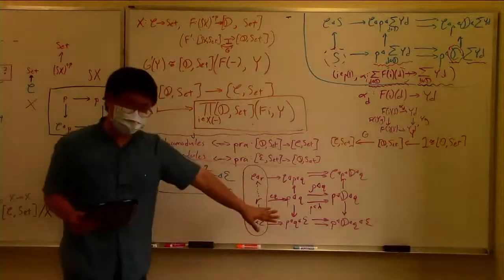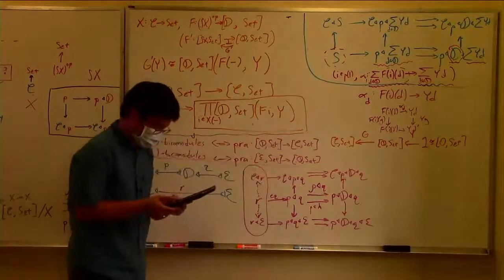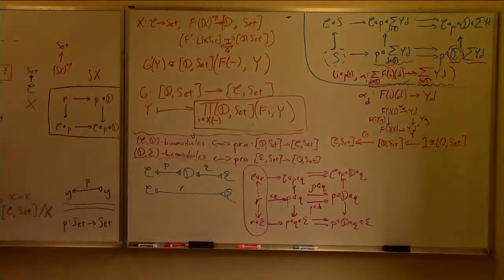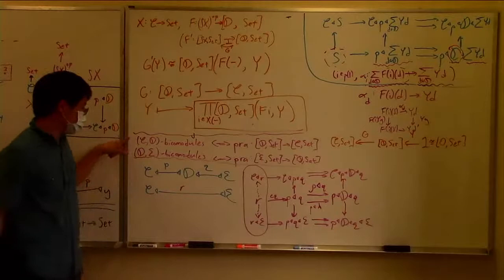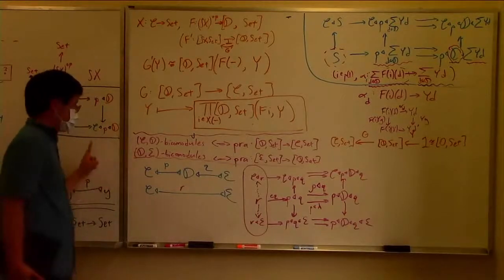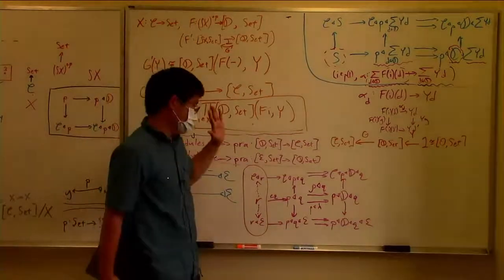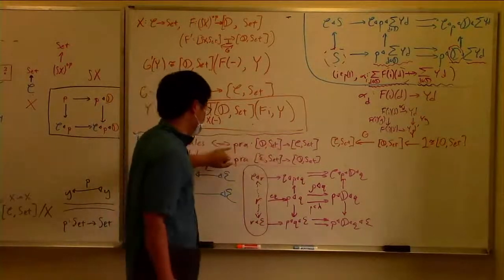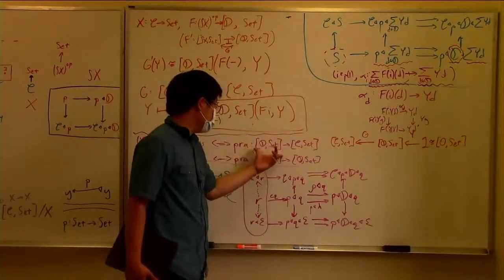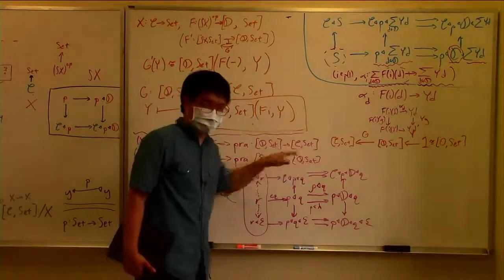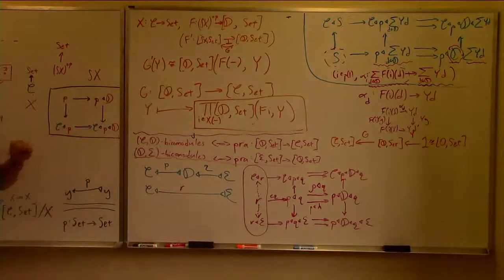But it turns out that composition of bicomodules is the same thing as composition of these as functors. And so really these are the same category: the category where the objects are categories and the morphisms are these bicomodules between them is equivalent to the category of parametric right adjoints, where the objects are these co-presheaf categories and the morphisms are the functors between them.